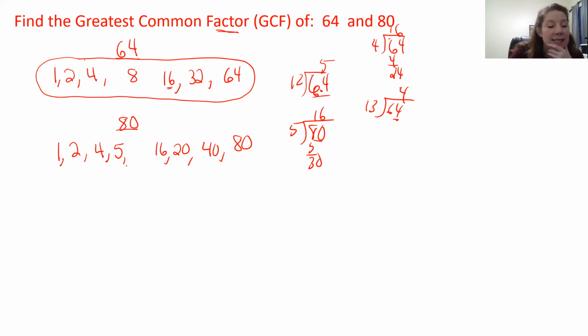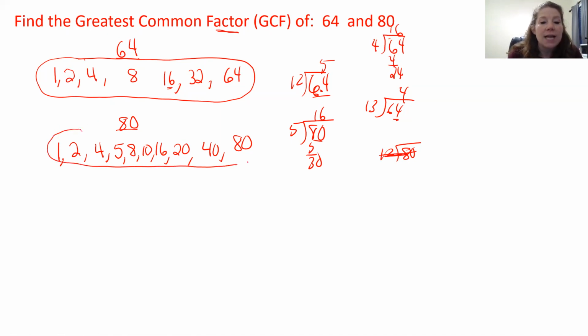What about 6? Nope. 7, nope. 8, yes. 8 and 10. And then I think we're done. I don't think 12 is a factor. No, I know it's not. Nope, that's it.